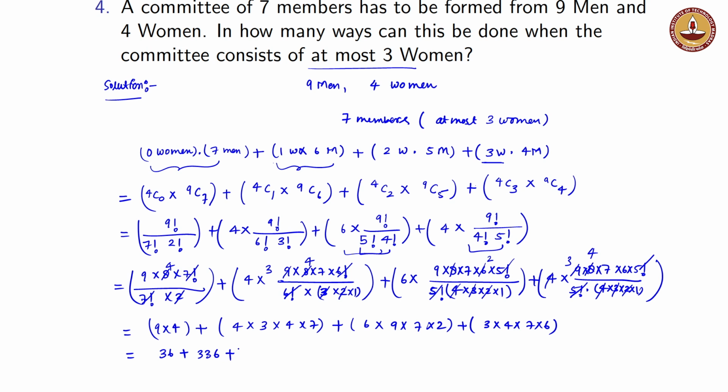The next part, 6 into 9 into 7 into 2, if you solve it will be 756, plus the next part 3 into 4 is 12, into 7 is 84, into 6 will be 504. So basically we have to add all these cases. 504 plus 756 plus 336 plus 36 will be 1632, which is the answer for this question. Okay, thank you.